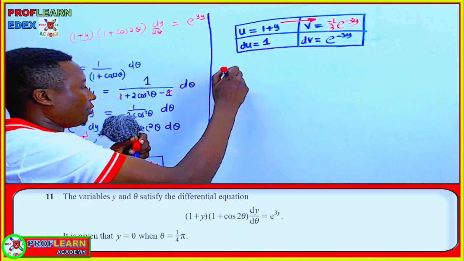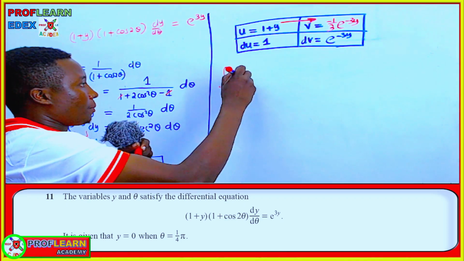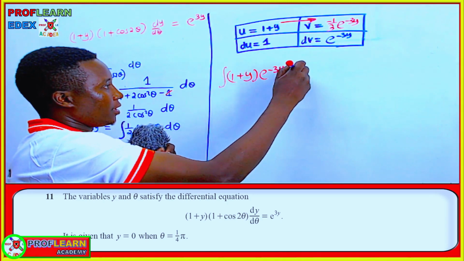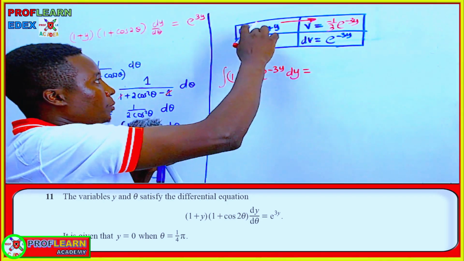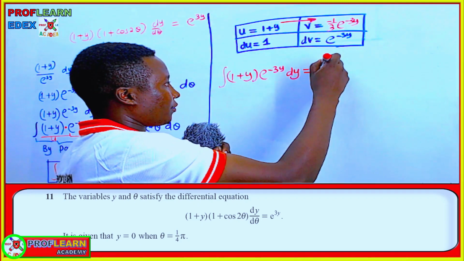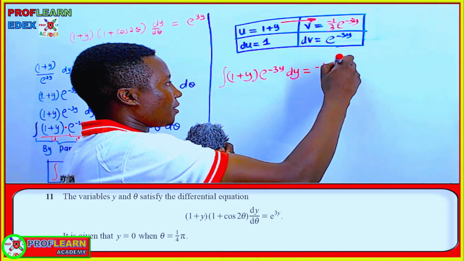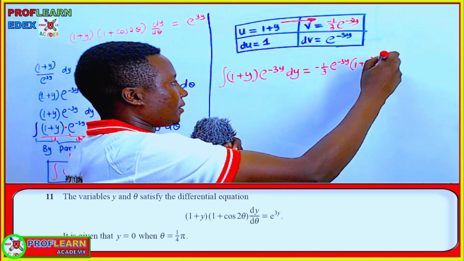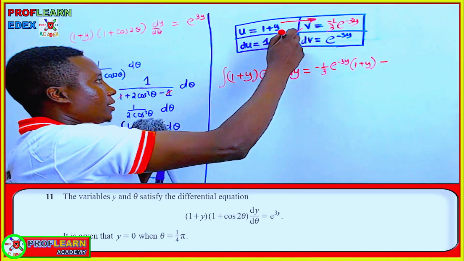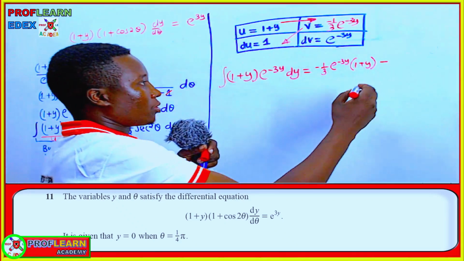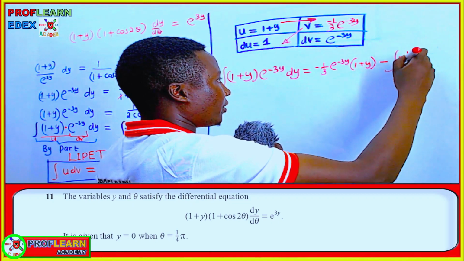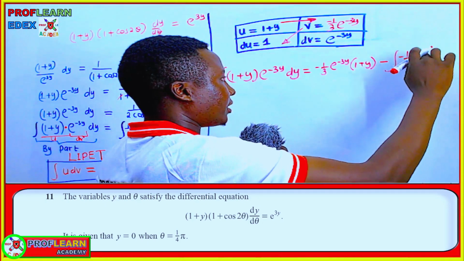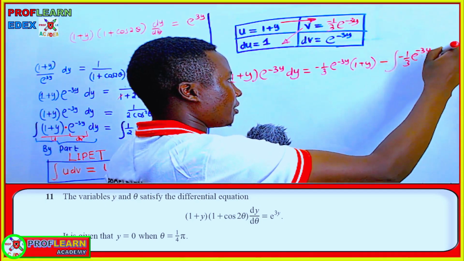So the integral of (1 plus y) e to the negative 3y dy is going to be, multiplying these two together, negative 1 over 3 e to the negative 3y into 1 plus y, then minus, when you multiply this one and this, the integral of negative 1 over 3 e to the negative 3y, then 1, dy.